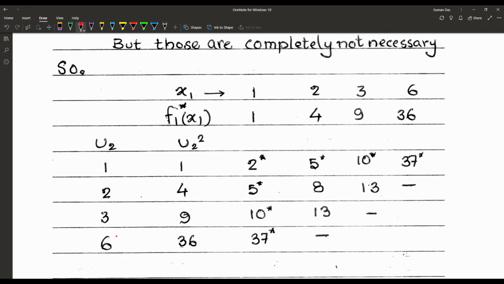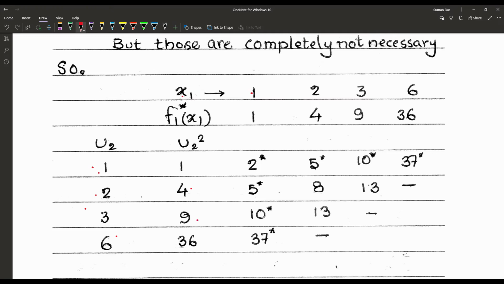Here we are thinking that x1 has the values 1, 2, 3 and 6. For those values we have already taken, because 4 and 5 have been ignored. In the same manner, we already have the values u1 for 1, 2, 3 and 6. And u1 square is equal to 1, 4, 9 and 36.